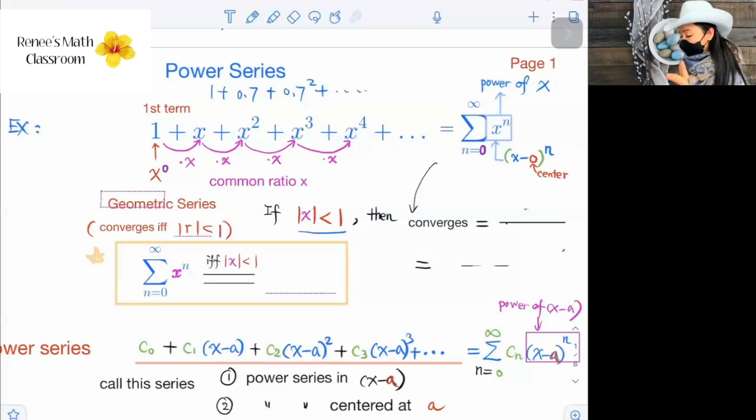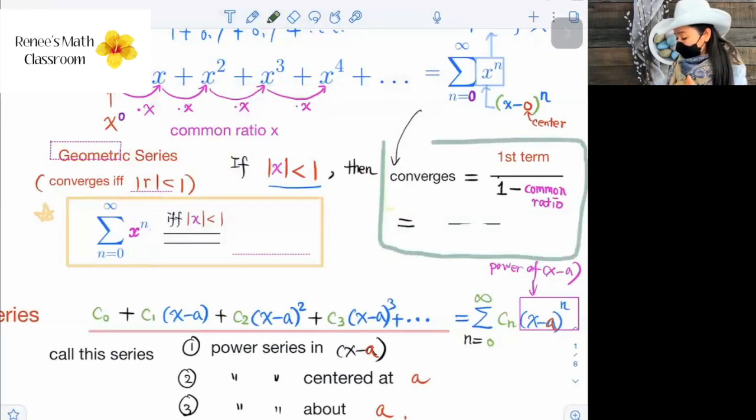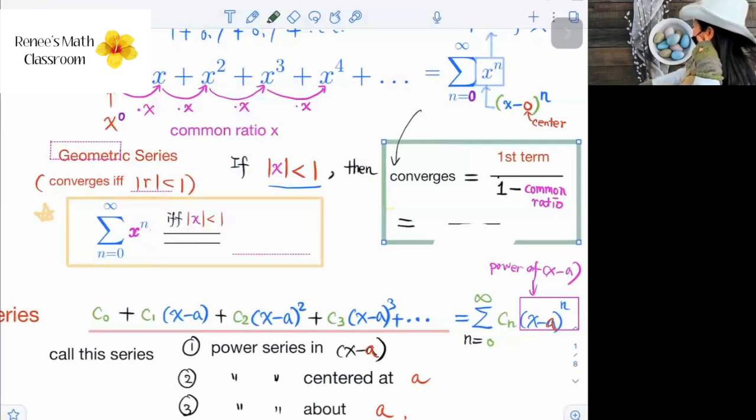So it's just the first term over 1 minus the common ratio, provided the absolute value of the common ratio is less than 1.